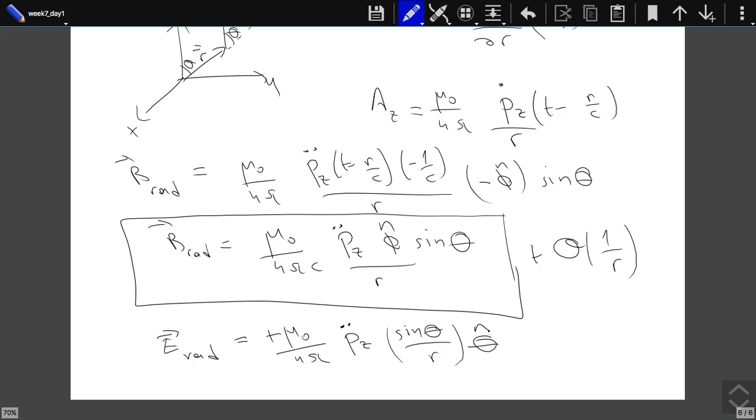Now, what I would like to calculate is, my claim is that these are radiation fields, so these fields can go up to infinity. So let's calculate the Poynting vector.